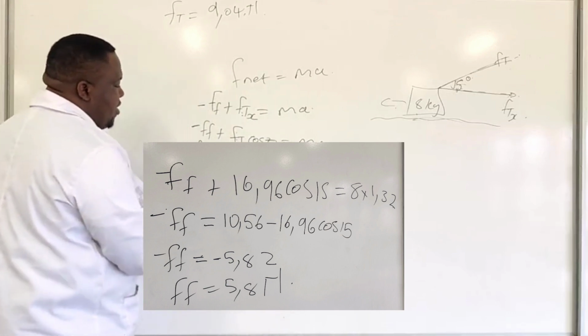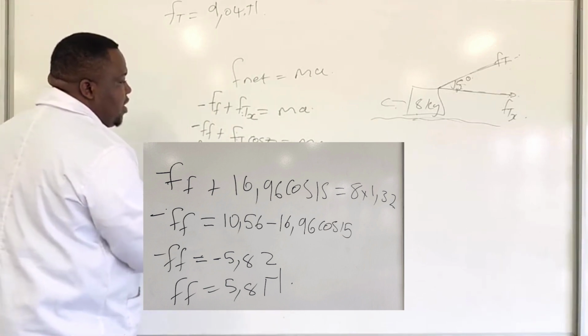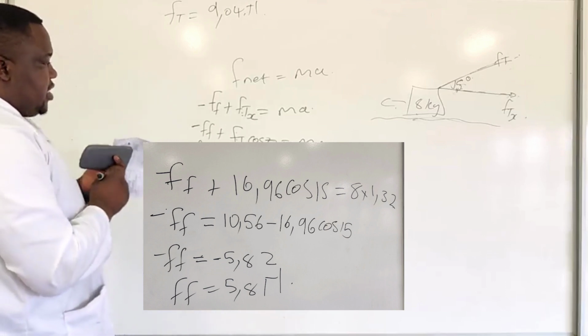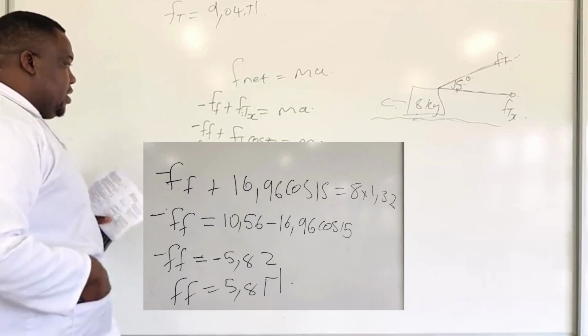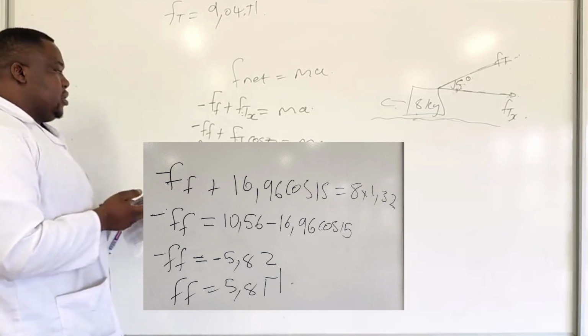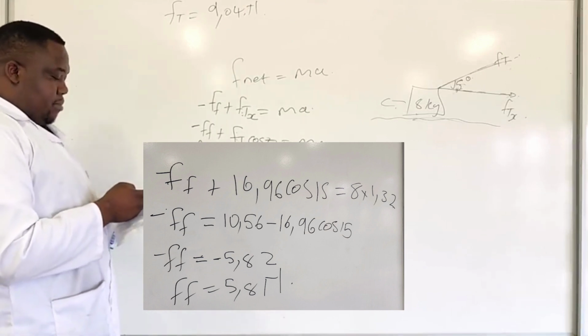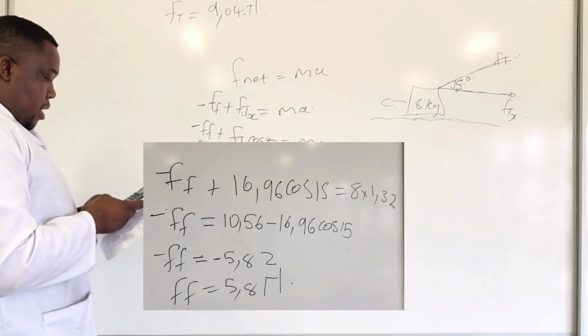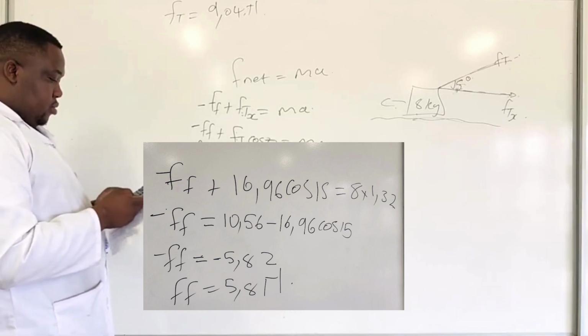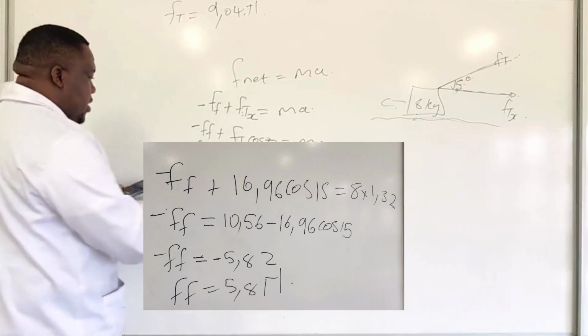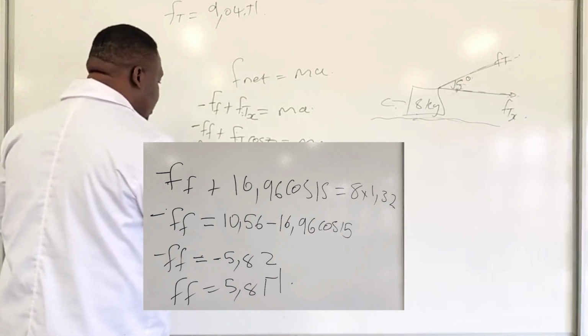Then if we want to get the frictional force, we will just subtract 8 multiplied by 1.32, subtract it with 9.04. 8 multiplied by 1.32, you get 10.56.